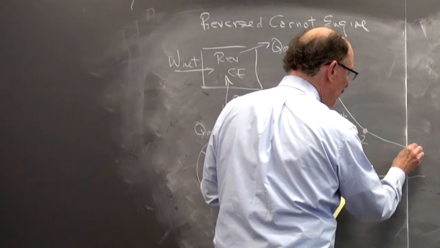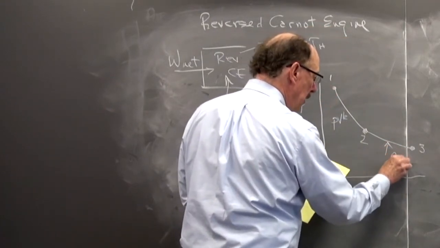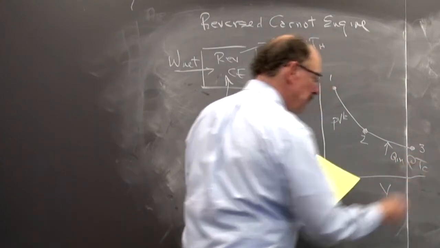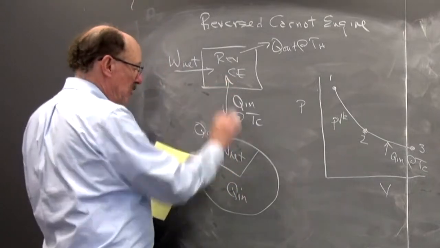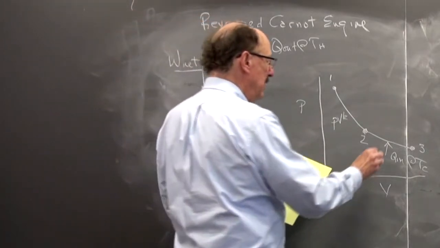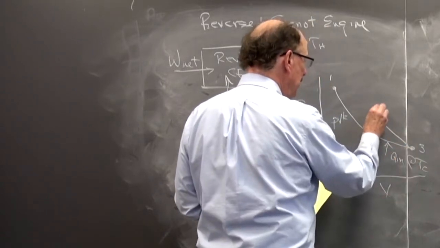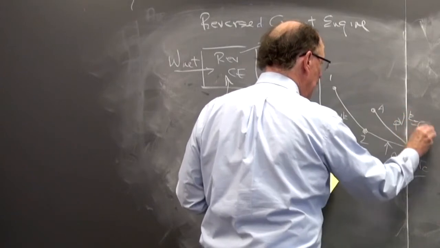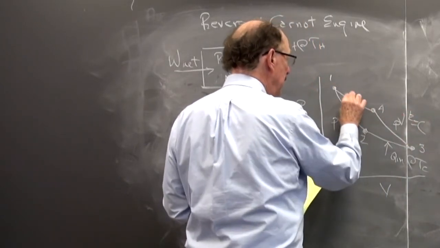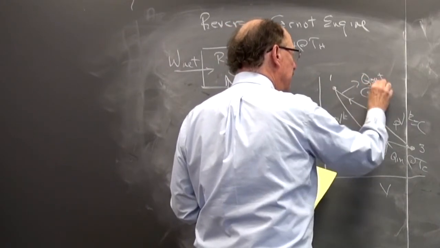We're expanding from 2 to 3, and we're having Q in at TC. So heat's going in at the low temperature, just as we see here, but now we see where it occurs in the cycle itself. We then have reversible adiabatic compression from 3 to 4, and then from 4 to 1, we have Q out at TH.